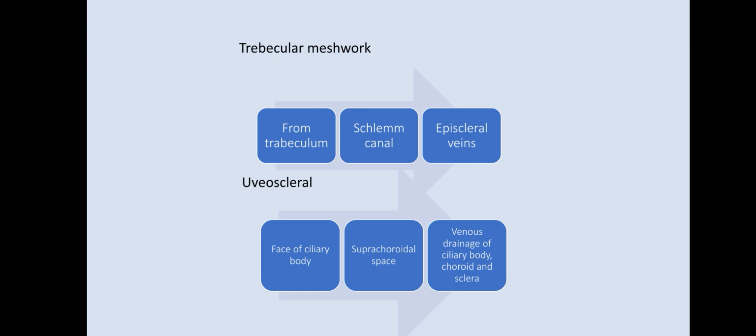Trabecular meshwork: from trabeculum to Schlemm canal to episcleral veins. Uveoscleral: from the face of the ciliary body to the suprachoroidal space to venous drainage of the ciliary body, choroid and sclera.